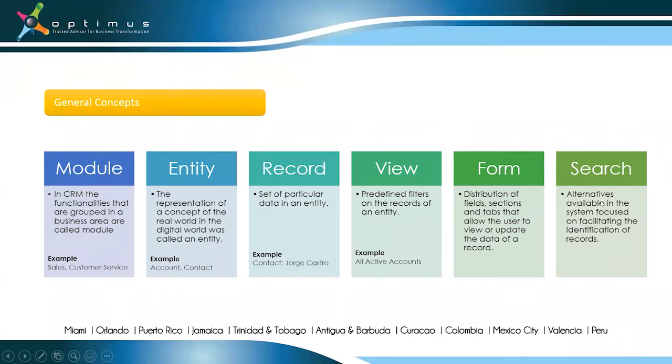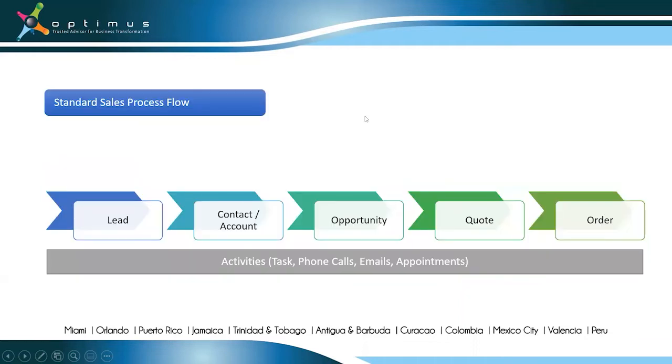And the search is all the alternatives available in the system to identify the records based on some specific filters. Basically, those are the 6 concepts that you should know before you start using CRM, at least Microsoft Dynamics CRM. And I will be showing you that in the platform soon.